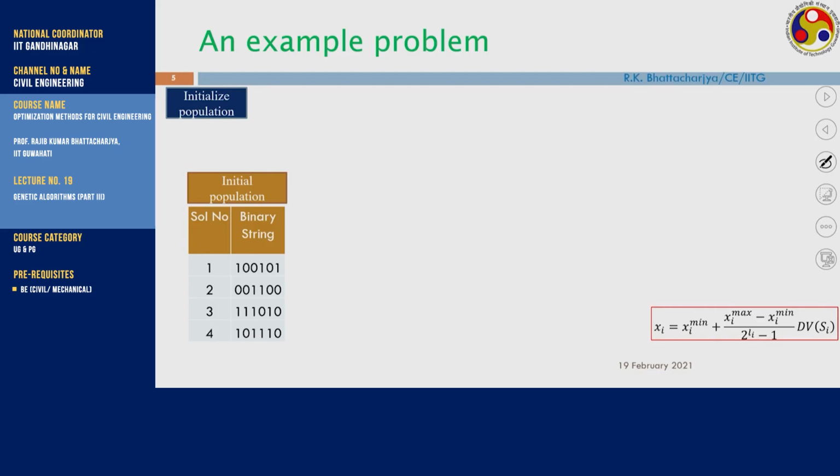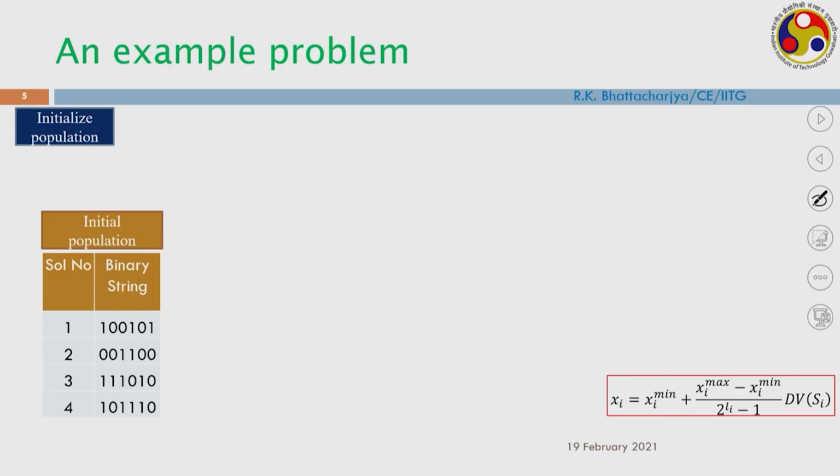You can write a computer program to do that, but the concept is something like this. Suppose I would like to generate this string randomly. I have to generate 6 bits, and I have only 2 options: the bit may be either 0 or 1. Right now you are at the first bit. You take a coin and toss it.